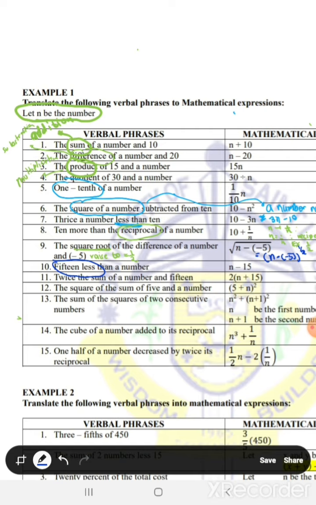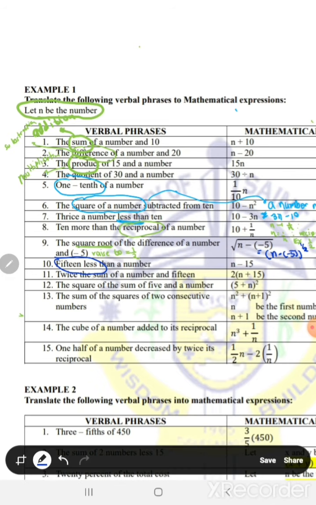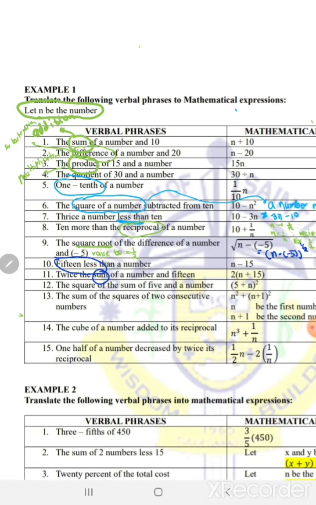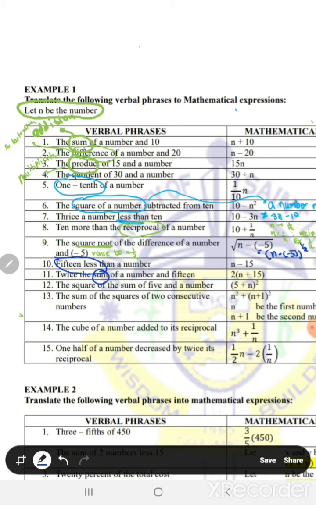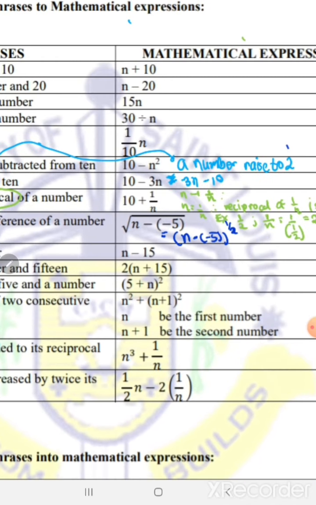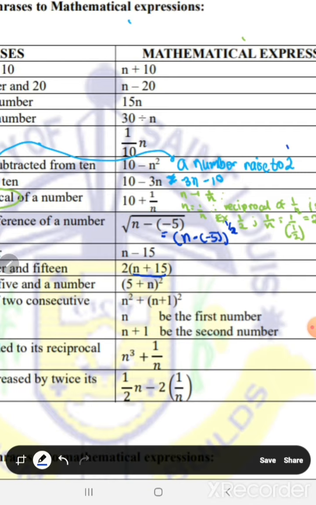Okay? So twice the sum of a number and 15. Because of this word sum, we are informed that we need a parenthesis between n plus 15. Okay?